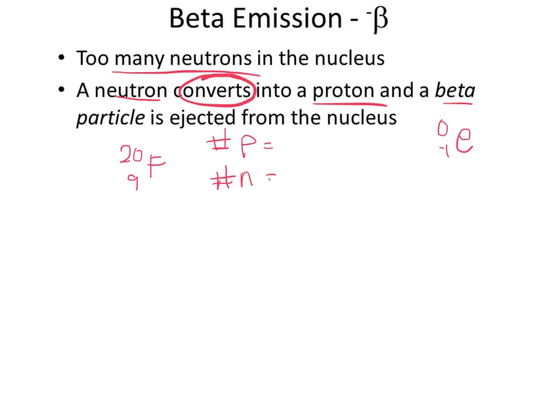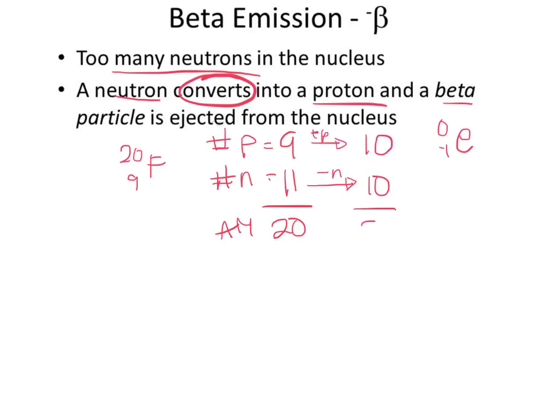If we look at number of protons and neutrons, it has 9 protons and it has 11 neutrons for a total of 20 for the atomic mass. When it goes through beta decay, we lose a neutron, and that becomes 10, and we gain a proton, and that becomes 10. Our atomic mass does not change. This is the reason why we have an atomic mass of 0, but our proton does change. We gain a proton, and there's a reason why we have a -1.